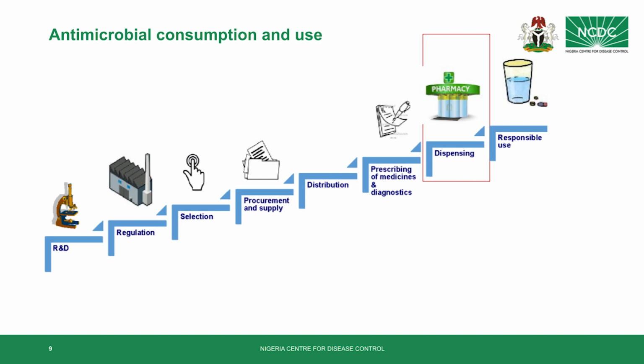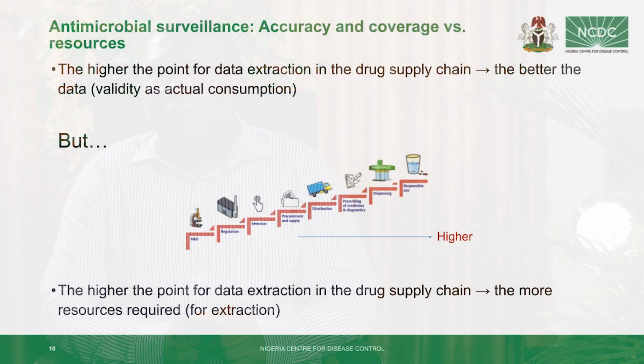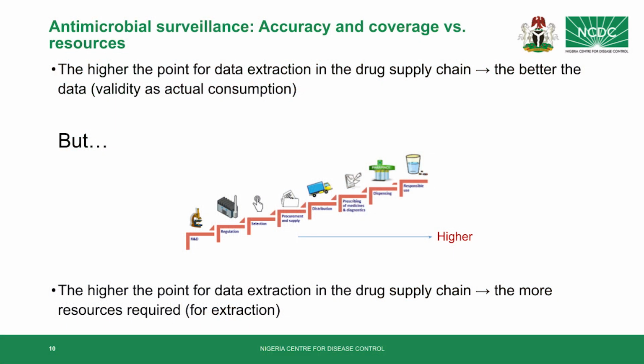But then of course where the consumption really starts is at the pharmacy, where you have the medicines, the antimicrobial agents, now being dispensed. And of course you can also see that at the end of it all, it is being used by the patients. So there's accuracy and coverage as well as resources. The higher the point for data extraction in the drug supply chain, the better the data.